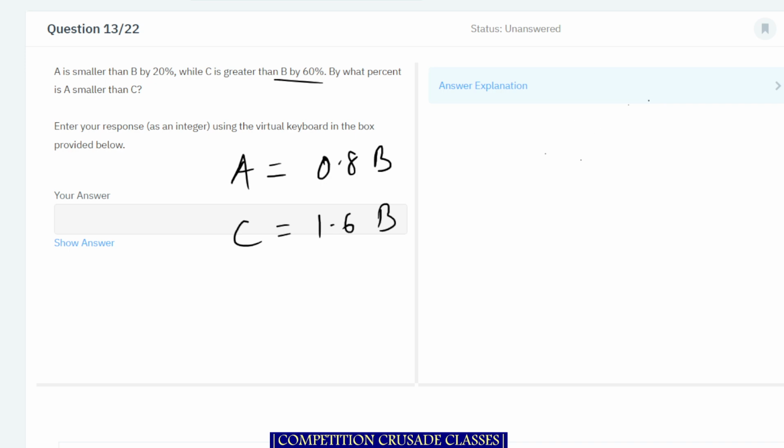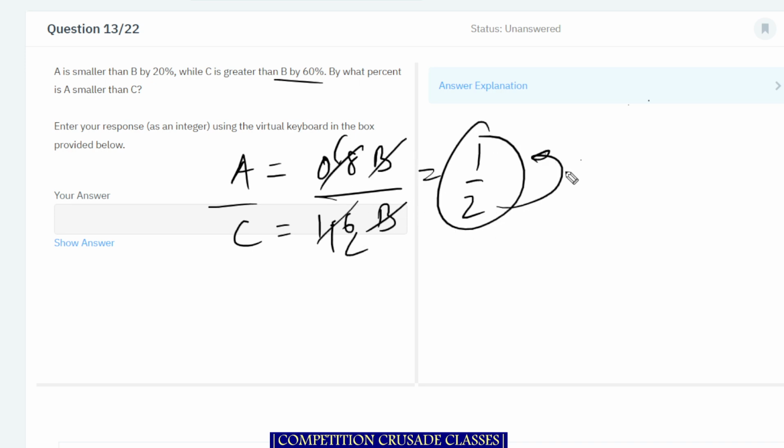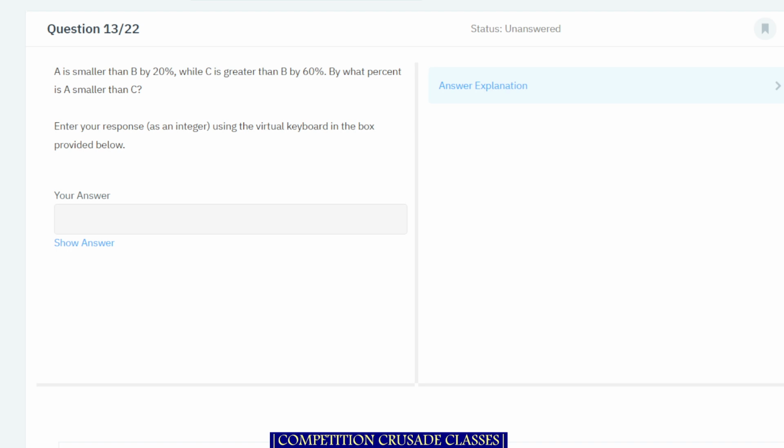This goes, this is 2, this is 1 by 2. Now this 1 over 2 means A is smaller by 50%, so the answer is 50%. Okay, let's go to the next one.